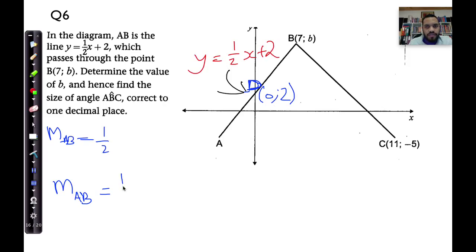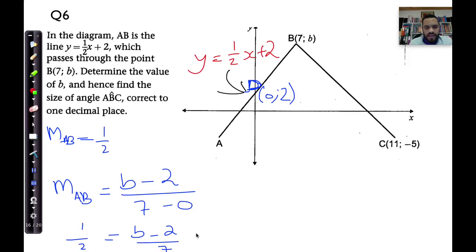That's going to be b minus 2 divided by 7 minus 0. And I also know this value here, so I can fill that in. That's going to be a half is equal to b minus 2 divided by 7.